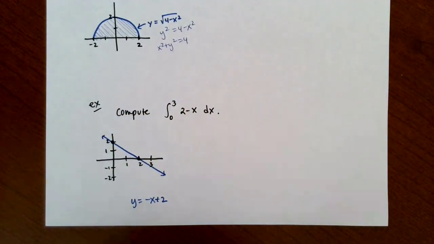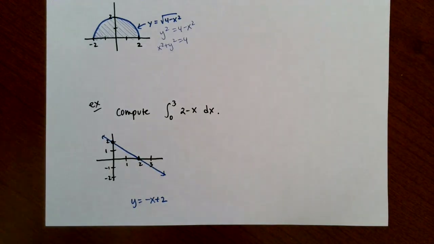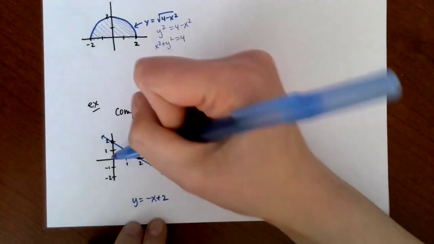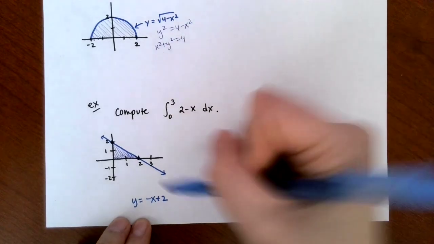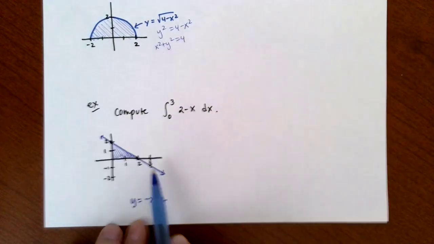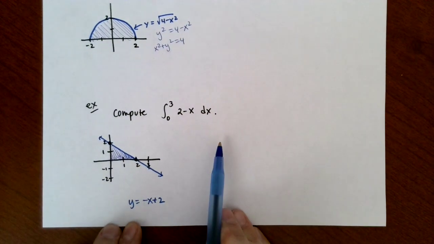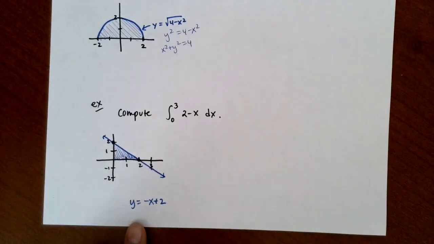Okay, so the other tricky thing about this particular problem is that if we are using x values from 0 to 3, we are computing the area of this triangle here all the way to this 3 here. And there's a bit of area, this little triangle here, that is below the x-axis.